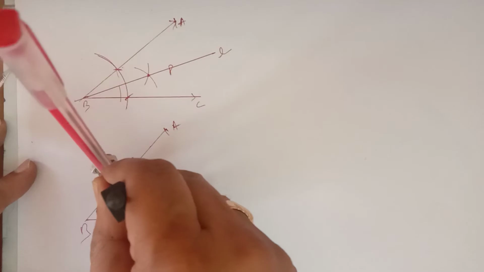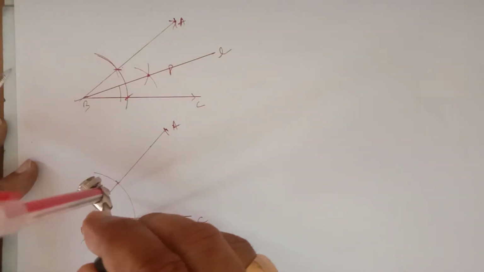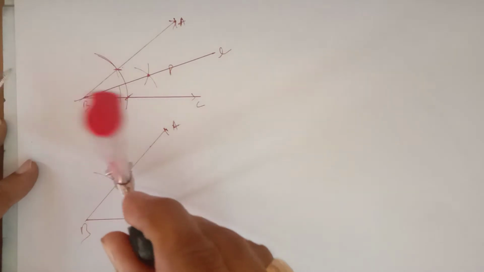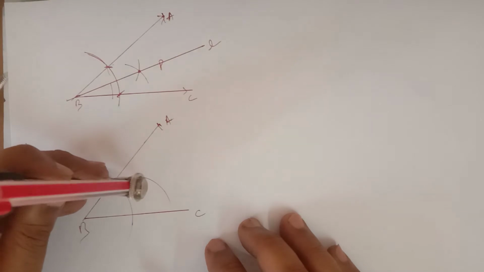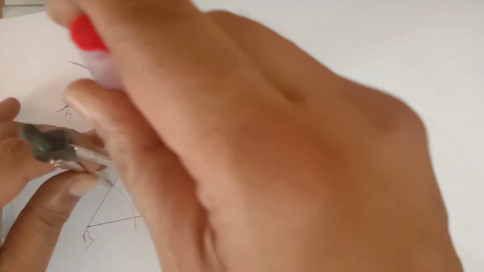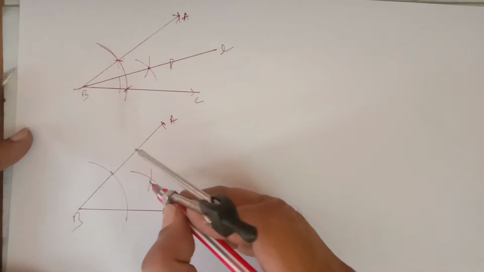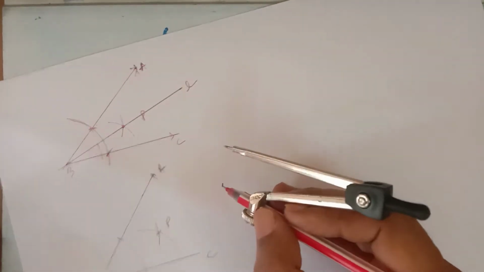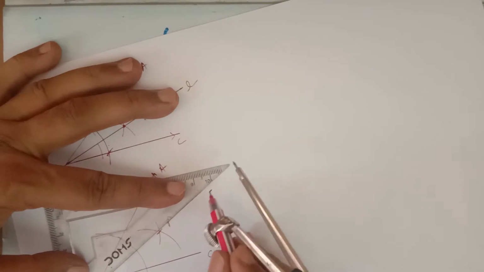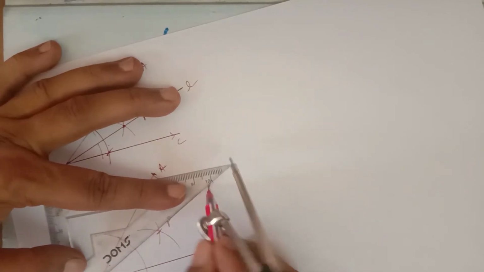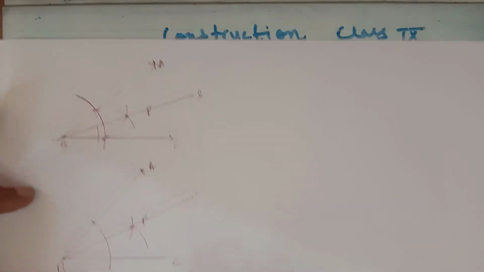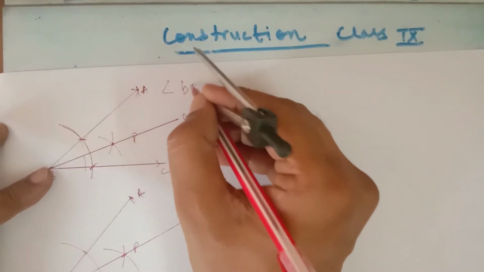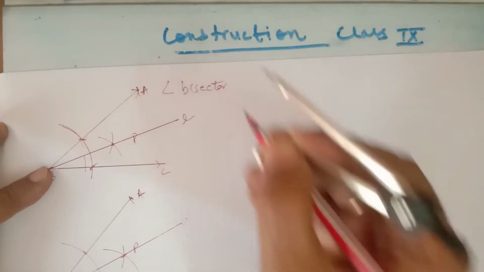With these 2 points as a center and a radius more than half of this arc, draw one arc, and with the same radius from the other point, cut the original arc, intersecting each other. Let us say this point is P. Join this with B, and you will get the angle bisector of this angle ABC. You have learned this in your lower classes, I am just recalling it. So this is the method to draw the angle bisector.